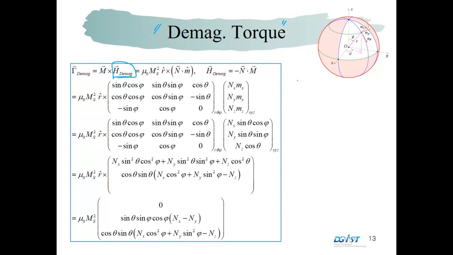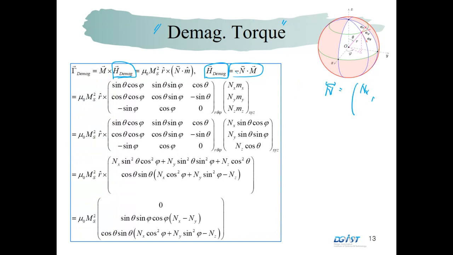So let's think about the H dynamic field, which is defined by this relation. We already learned that. The H dynamic field is this relation, and N is the dynamic coefficient, the demagnetizing tensor.